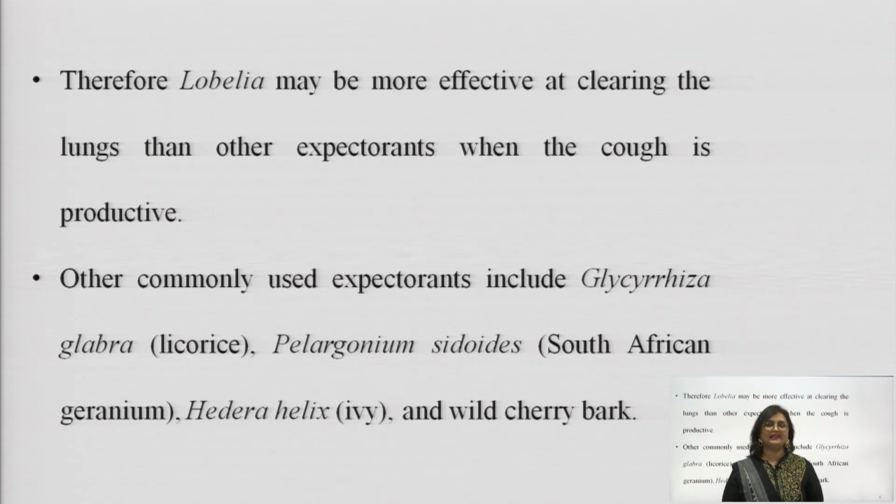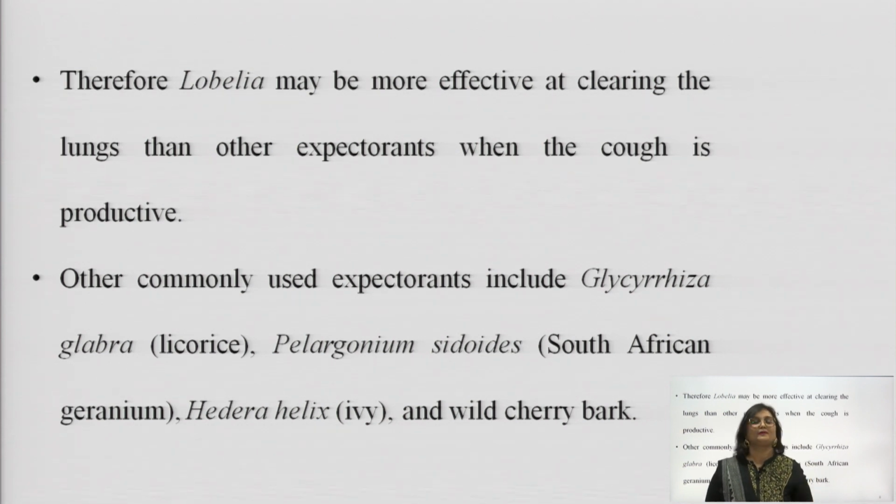Lobelia may be more effective at clearing the lungs than other expectorants when the cough becomes productive. Because lobelia has both effects, it increases the cough reflex, due to which more cough happens, hence more mucus or sputum is expelled out.